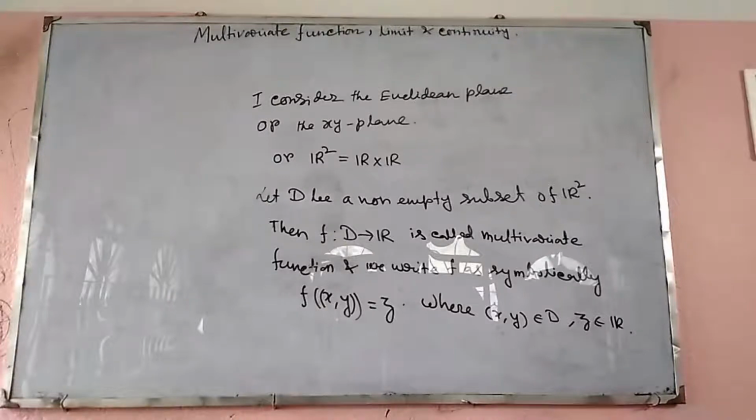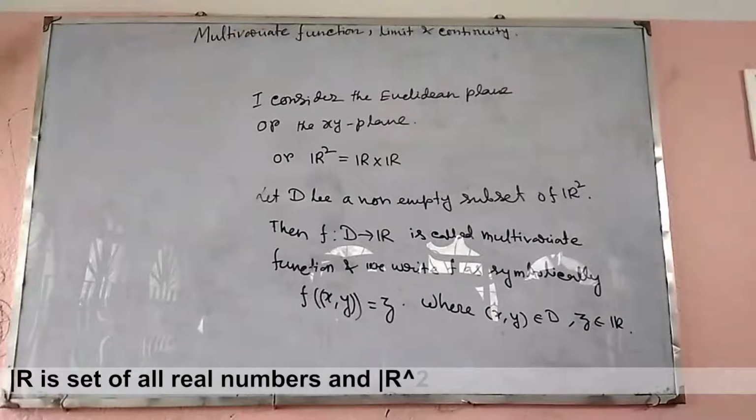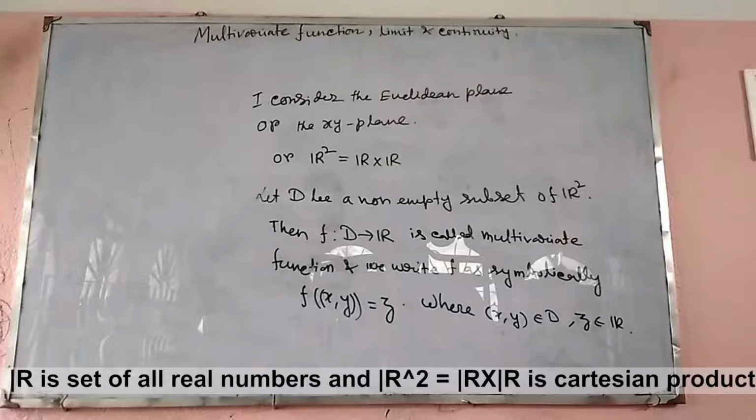Let us consider the Euclidean plane, or the xy plane. We write the xy plane symbolically as R2. R2 is nothing but the Cartesian product R cross R, where R is the set of all real numbers.